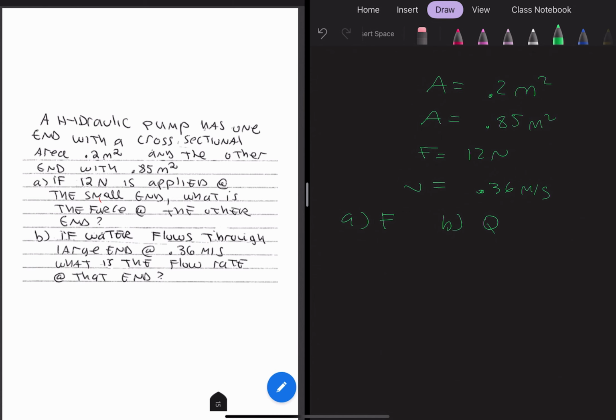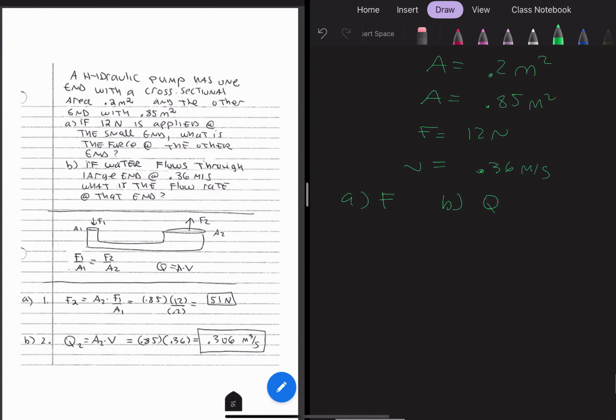So let's draw a picture to see what's happening. So this says hydraulic, so this means that this is basically Pascal's principle, which I'm going to simplify to this example here. You have a pipe with a small end and a large end, and there's a fluid inside. And what Pascal's principle says is that if you have a small area and a large area, the small area is A1, large area is A2.